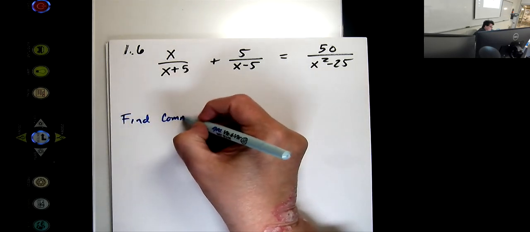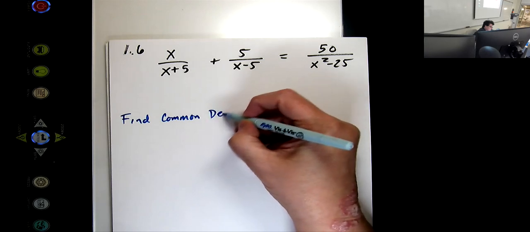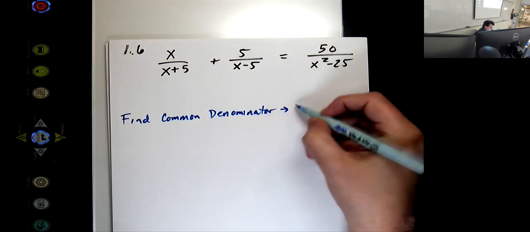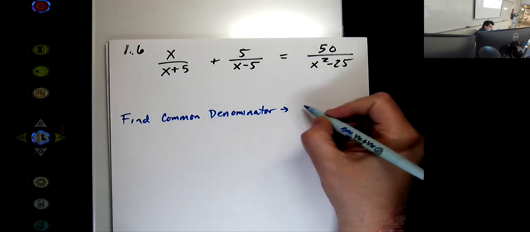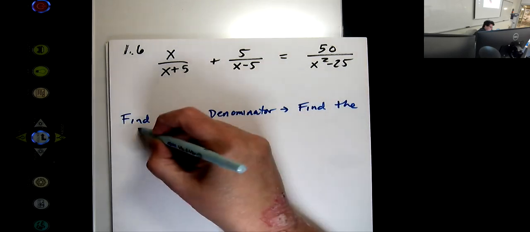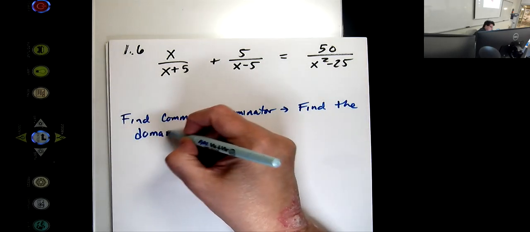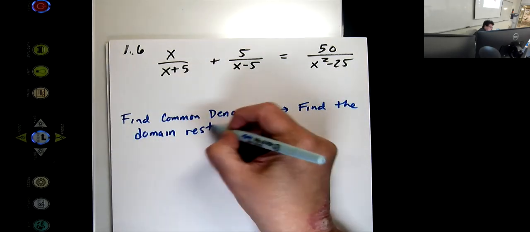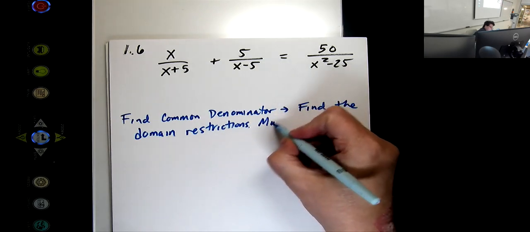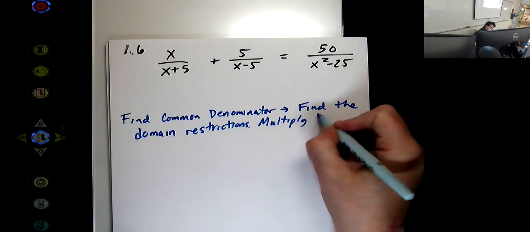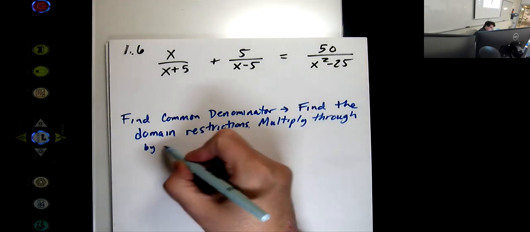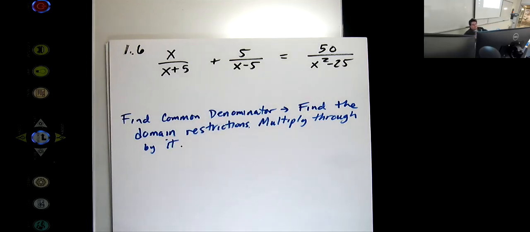That will help us. It does a couple things. We can find the answers that don't work, find the domain violations or domain restrictions, and then multiply through by it. All right, I'll let you run with it for a little bit.